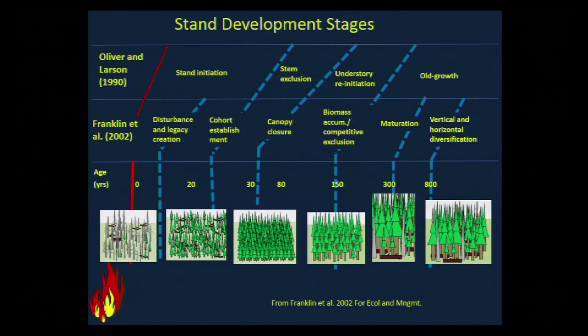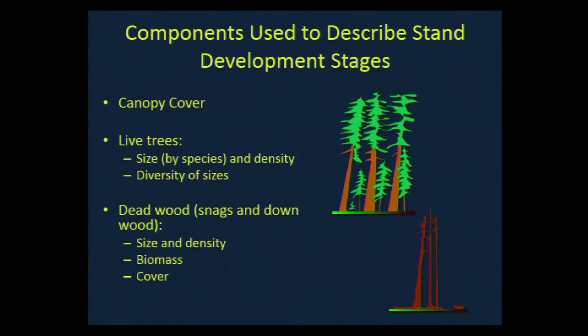Those stages can be quite simple, like the ones that Oliver and Larson proposed, constituting just 4 stages, or they can be much more rich and complex, as Franklin and all basically put together. But they all really pretty much use the same general components to describe stands.